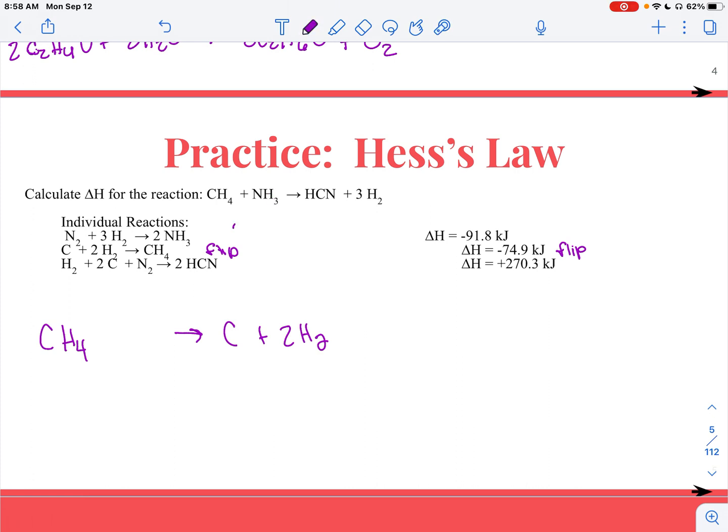So we need to flip it and divide by 2. And then for our last one, we have HCN. And it is on the correct side, but we need to divide by 2.